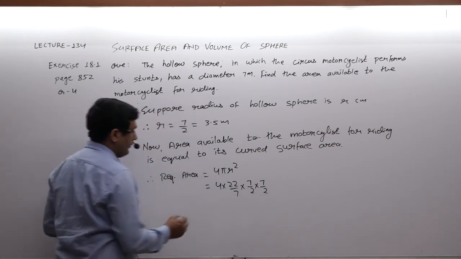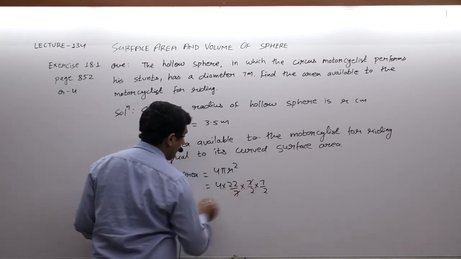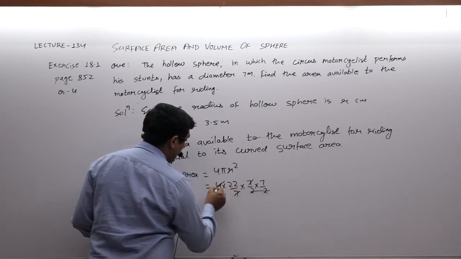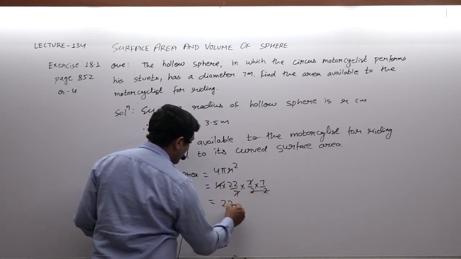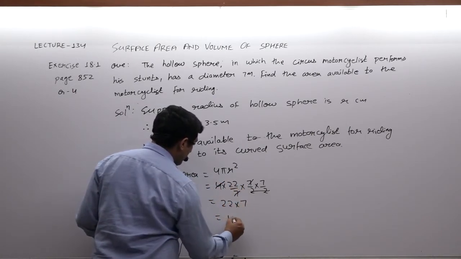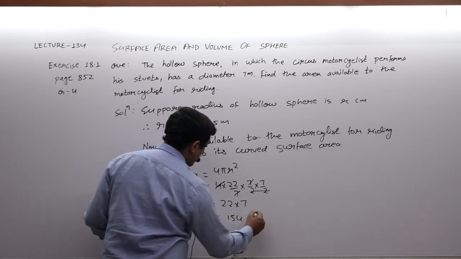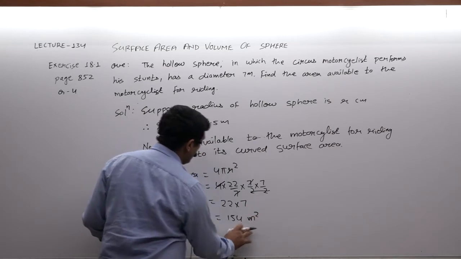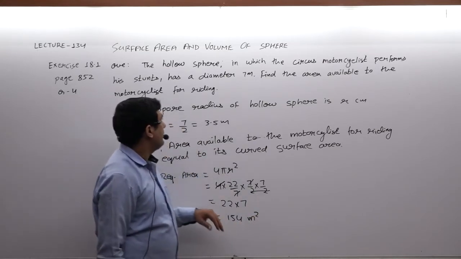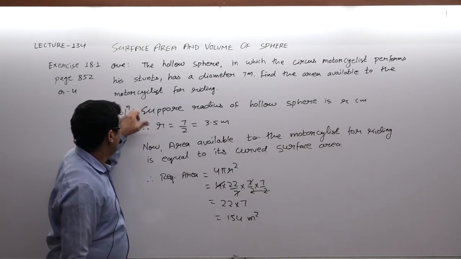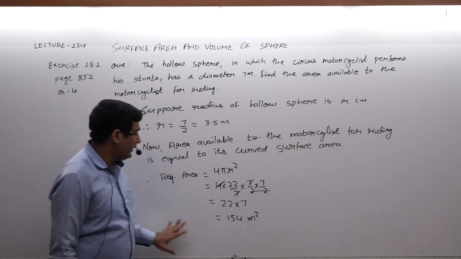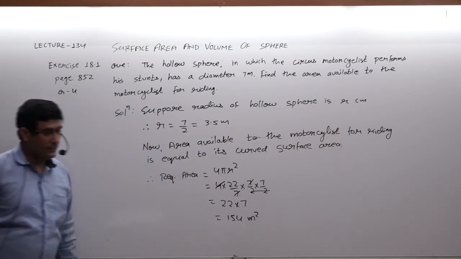So this 7 and 7 we can cancel, this 4 and 4 I can cancel, so here I will have 22 into 7, that is 154 meter square. This much area the motorcyclist has for his performance, for riding purpose. So please note it down, then we will see the next question.